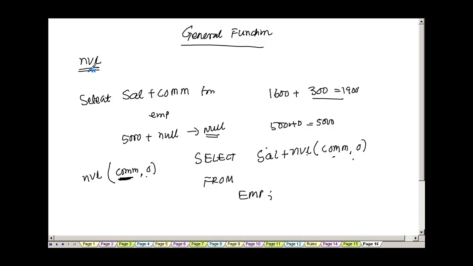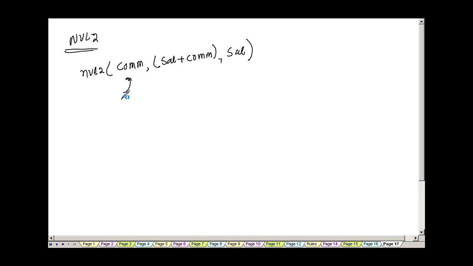Okay, then let's do another function called NVL2. NVL2 is a newer addition. The concept is the same, just to determine if there is a null value and how to handle that. So NVL2 of commission, sal plus commission, sal.